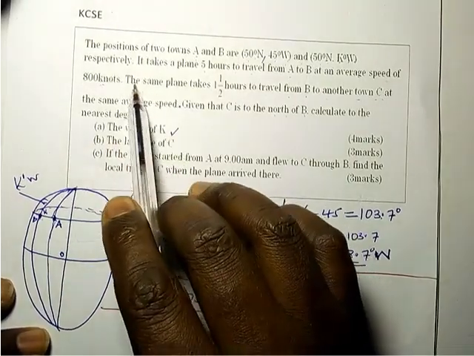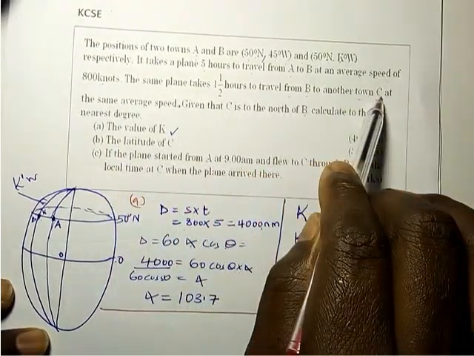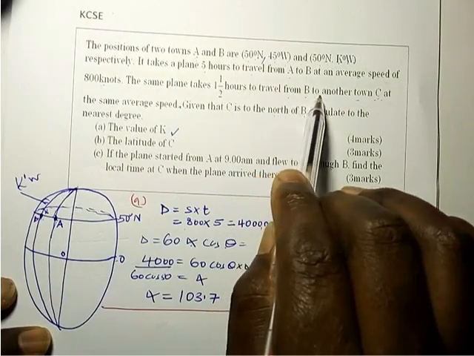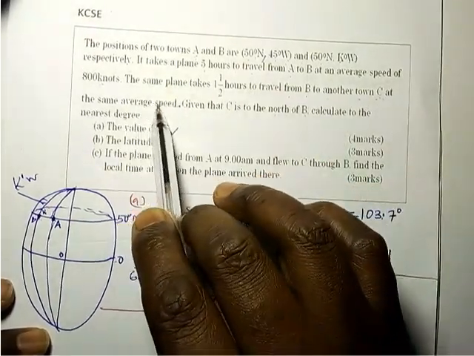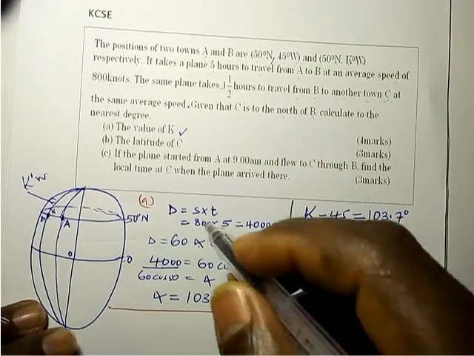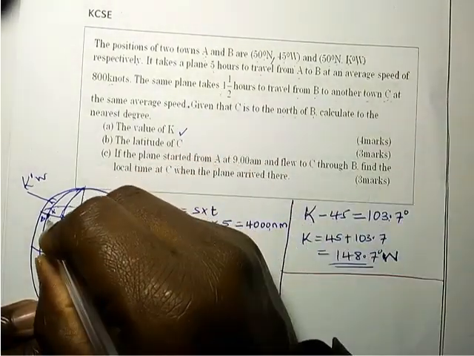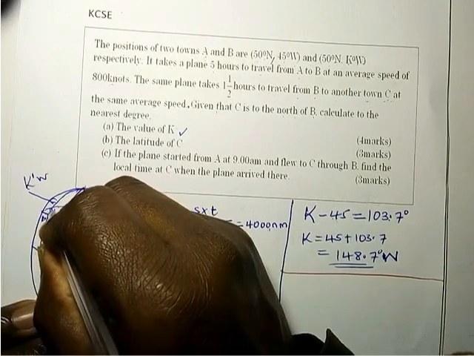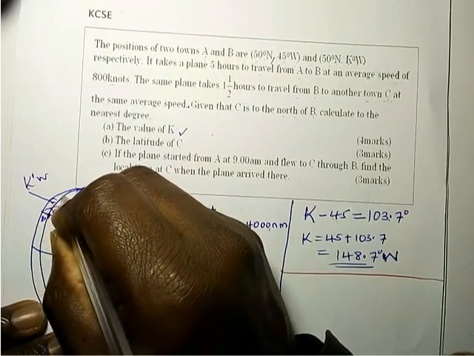Part B, the latitude is C. So the same airplane has gone from B to another town C on the same average speed. The most important information is that C is on the north of B. So if B is here, then C could be there, to the north.